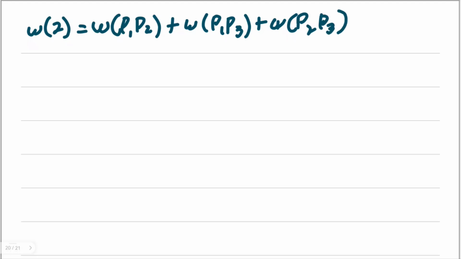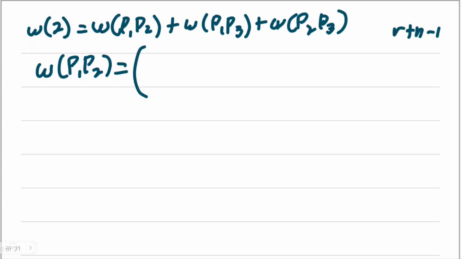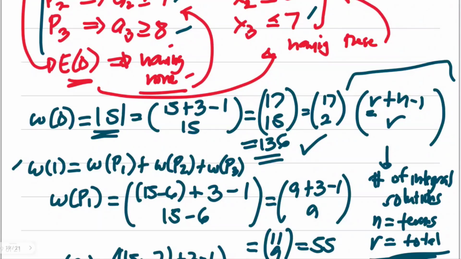All of them at the same time. So simply attack this one by one if you are not yet comfortable with a lot of steps. Again, we have here r plus n minus 1 taken r for the number of integral solutions.